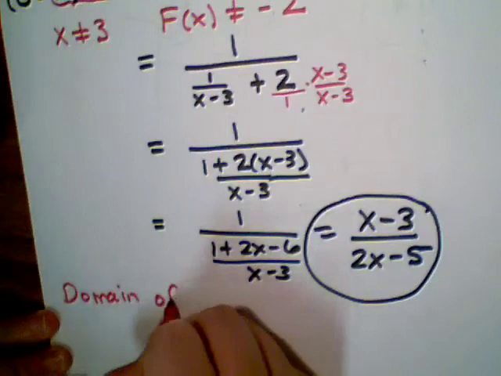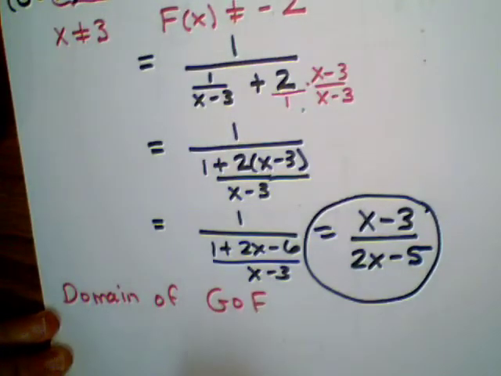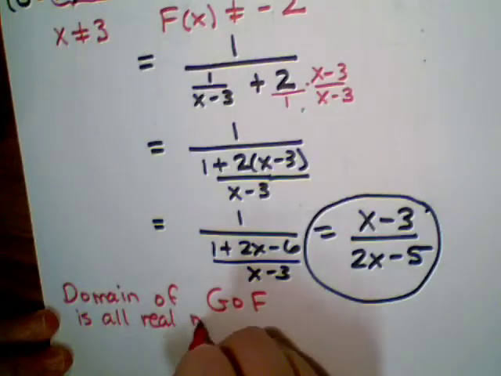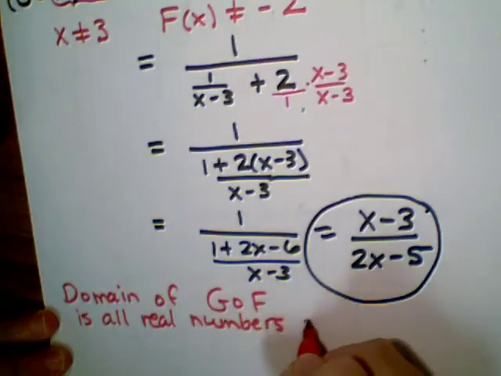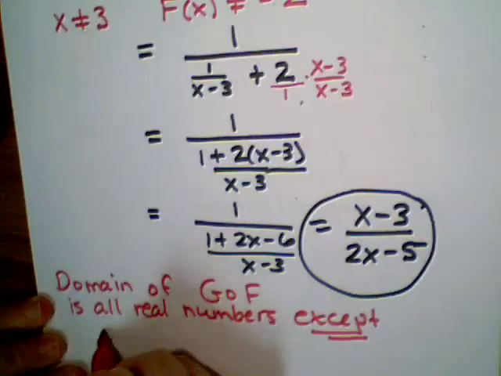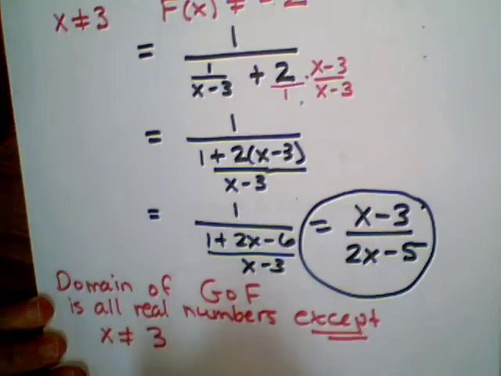The domain of our new function, g composed with f, is all real numbers except x cannot be 3, because if x were 3, it would make f of x undefined.